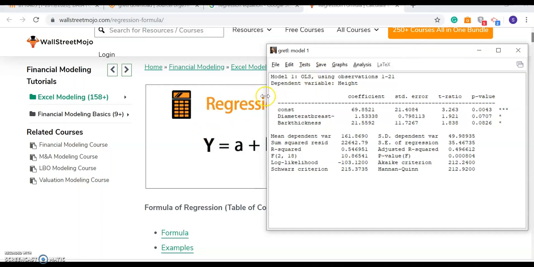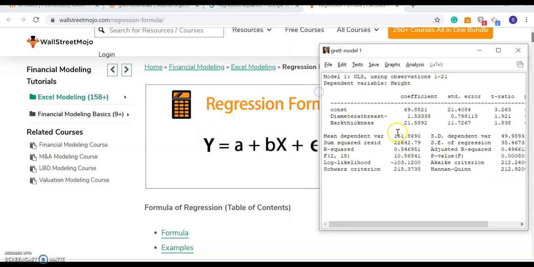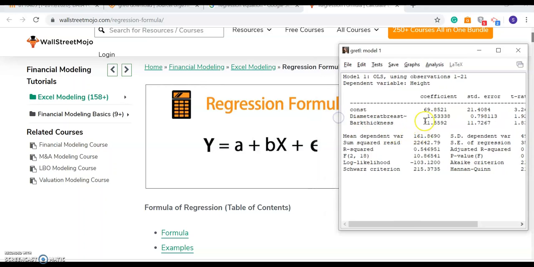So y remains the same, but our constant term will be different. You change the a here into 69.8521, then b1 you change to 1.53338, and then b2 you change to 21.5592.